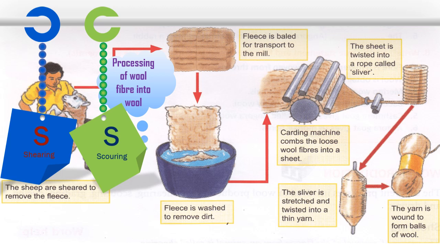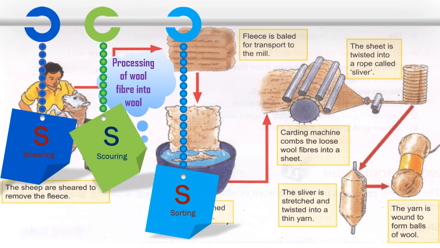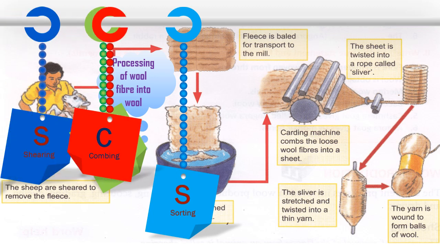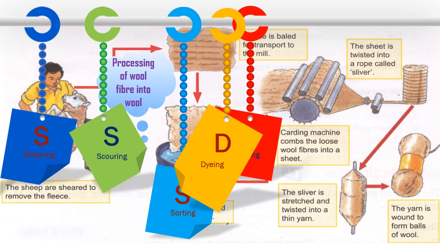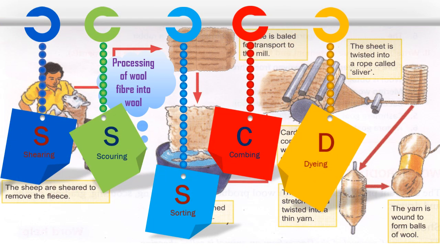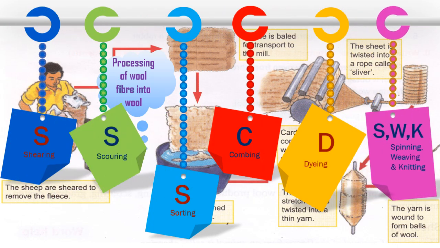Cleaning of the hairy coat. Third, sorting. Separating the different quality of hair. Fourth, combing. Straightening the woolen fiber. Fifth, dyeing. Dyeing of wool fibers. Sixth, spinning, weaving and knitting to make wool yarn.